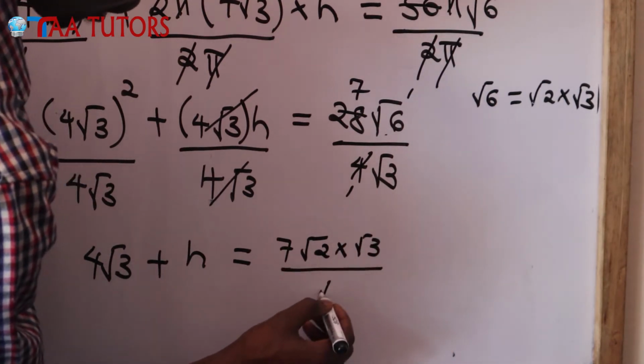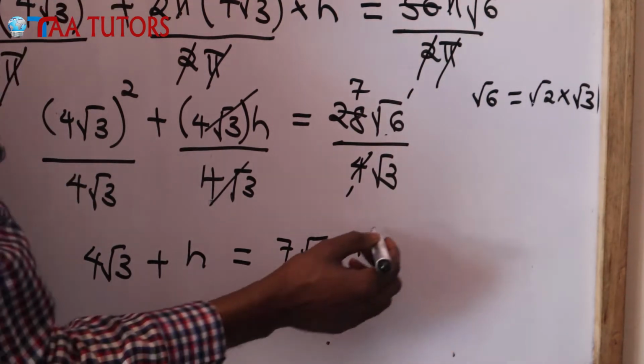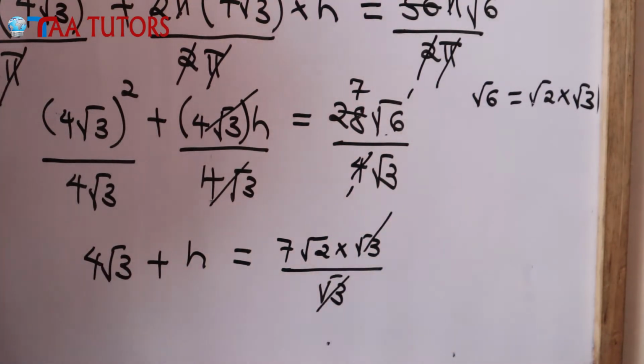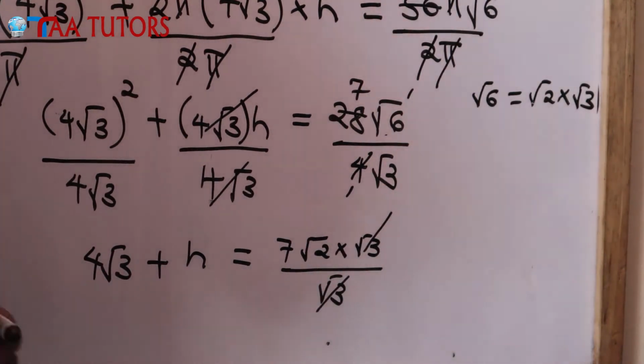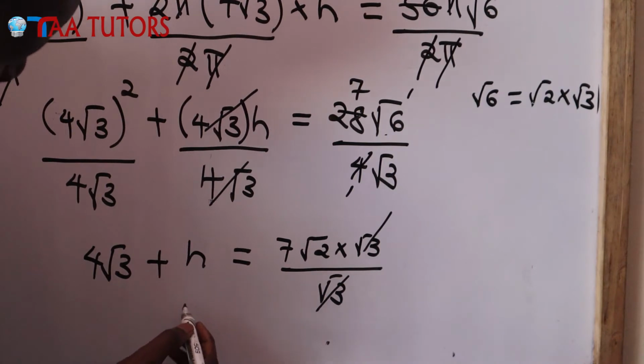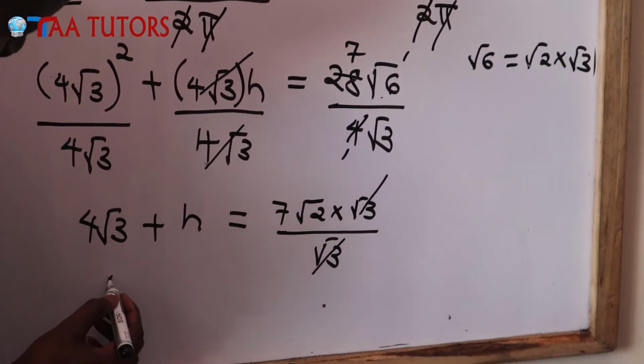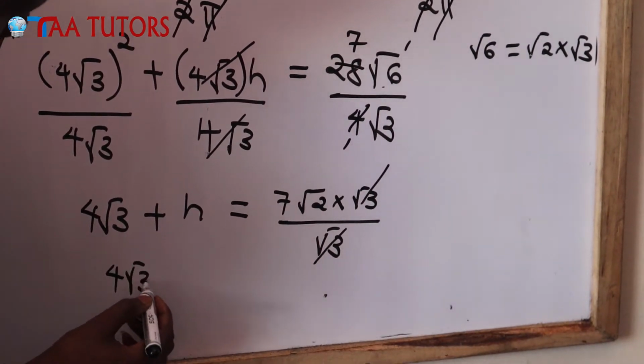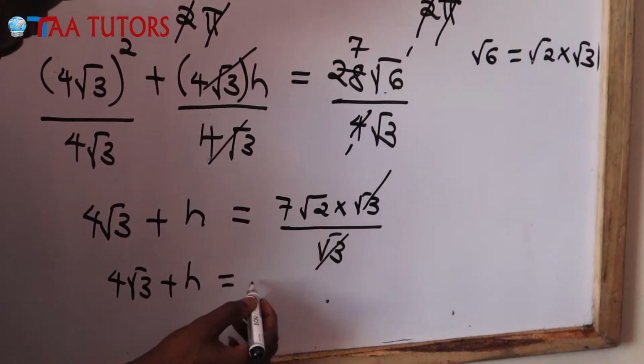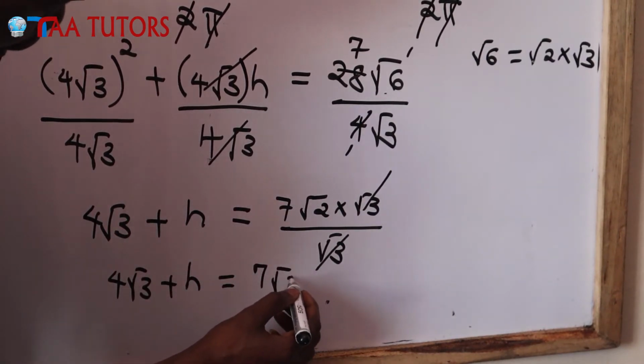Everything divided by surd 3. So surd 3 here will cancel out surd 3. So here we'll get 4 surd 3 plus h equals 7 surd 2.